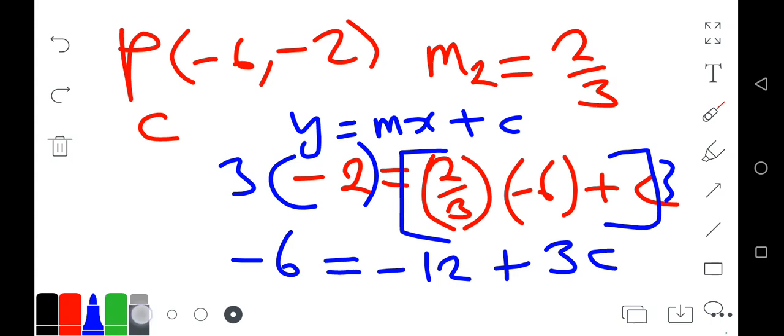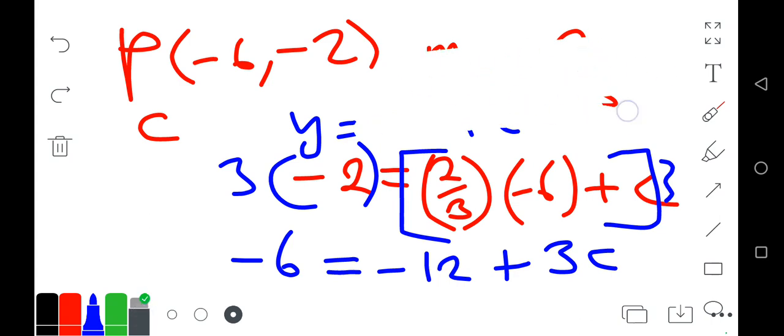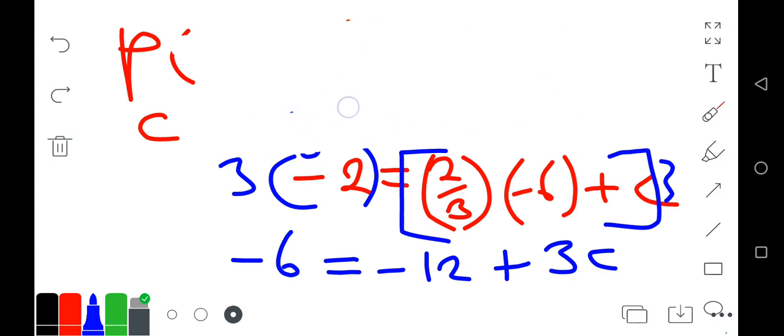From there, I can collect the like terms.